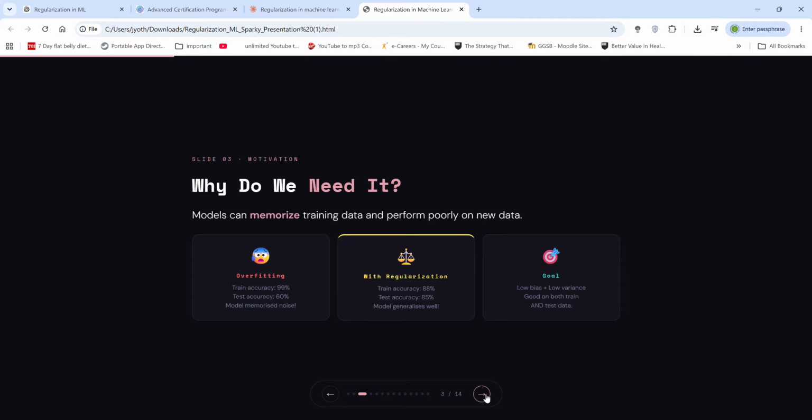Now, why do we need regularization? We have studied that we need to remove overfitting. And what did we say about overfitting? That the model can memorize the training data and it performs poorly on new data. As you can see in the example of overfitting, the training accuracy is 99% and the test accuracy is 60%. What does that mean? That the model has memorized the noise.